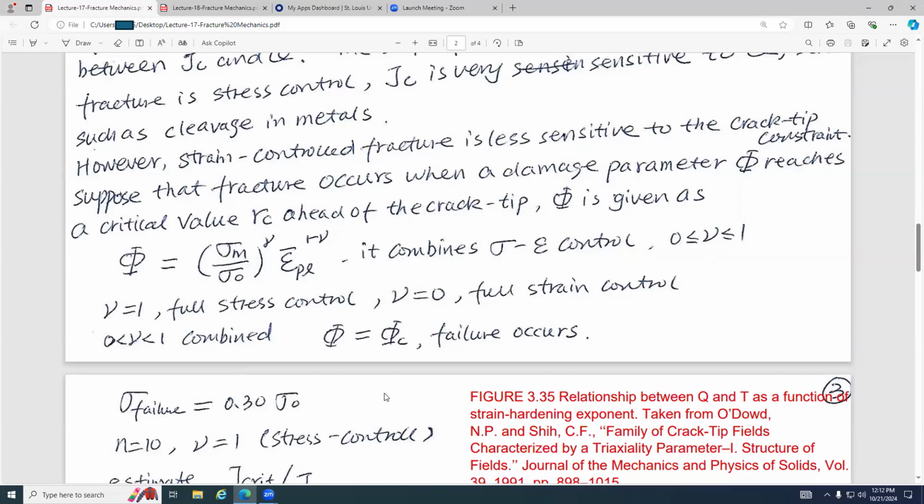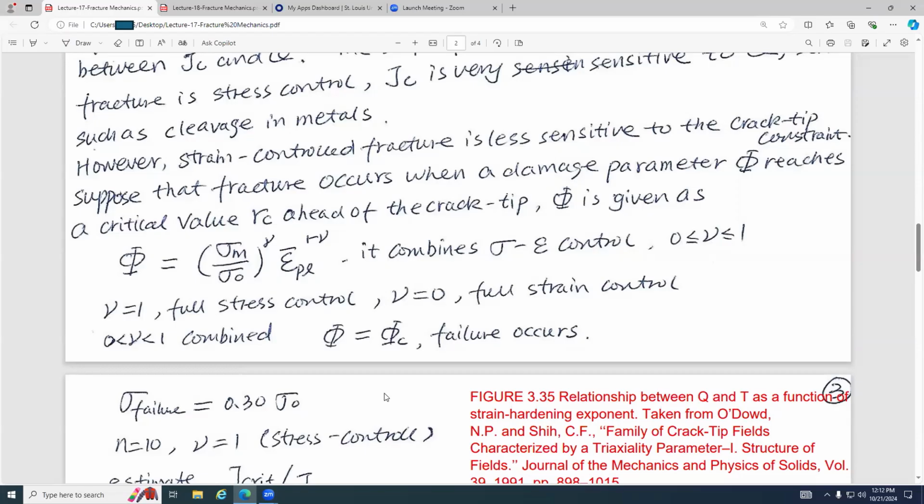However, if gamma is between 0 and 1, we call it combined, right? So this phi will be compared with phi c, and phi c is a critical damage parameter. You need to do experiments to characterize it.